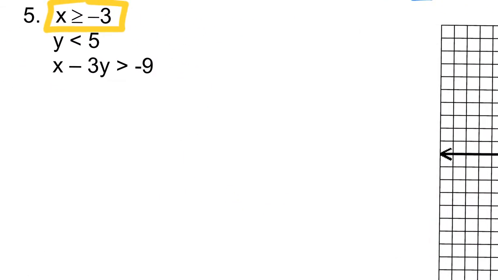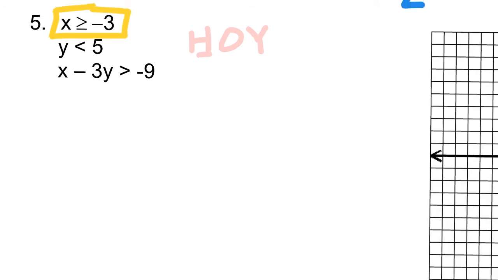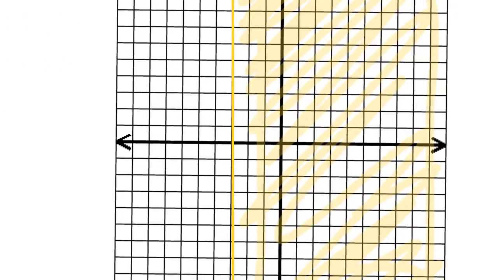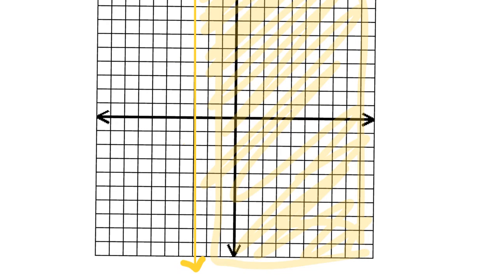The next one is y is less than 5. So that's also a special case. It's going to be a horizontal line, and it will be y is less than 5. So let's come over here. We'll go to y is equal to 5. 1, 2, 3, 4, 5 right here.